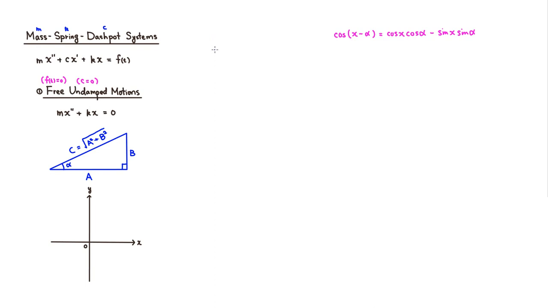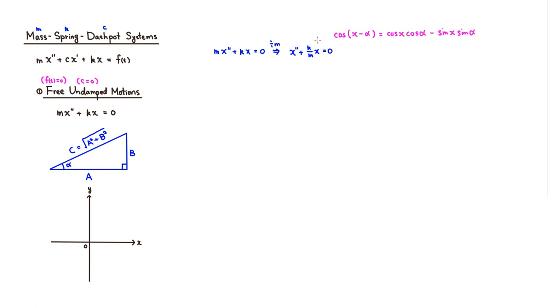So we start with mx double prime plus kx is equal to 0, and I'm going to divide through by m. We're going to get x double prime plus k over m x equals 0.